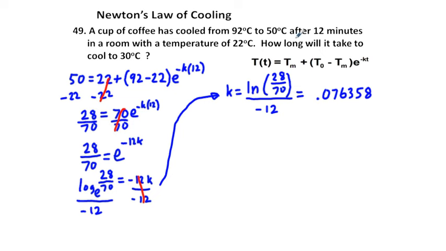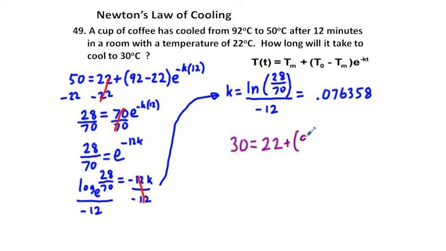So now we can go back and figure out how long the thing will take to cool to 30 degrees Celsius. And I'm going to write out that equation. So our final temperature is going to be 30, and it's going to be equal to the temperature of our medium, which is still going to be 22, plus our starting temperature is the same as in the previous.